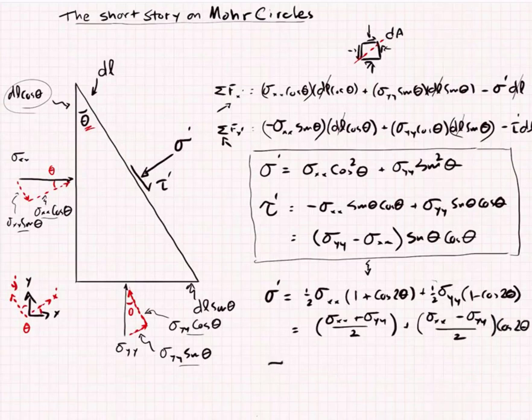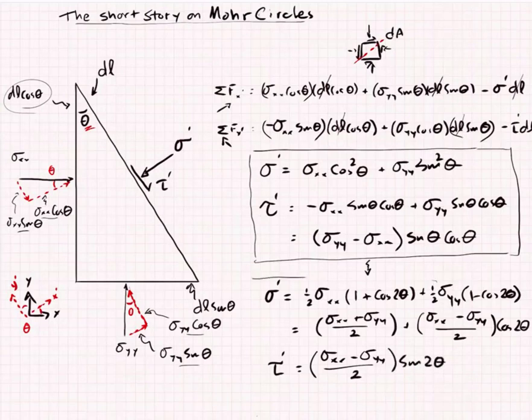And then tau prime can be rewritten as sigma xx minus sigma yy divided by 2, all times the sine of 2 theta.